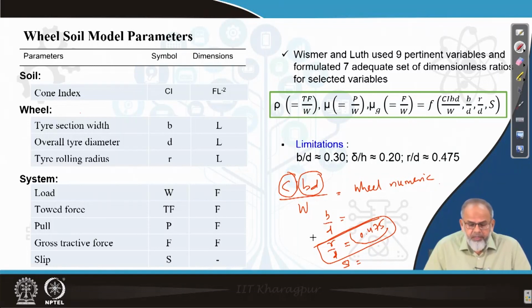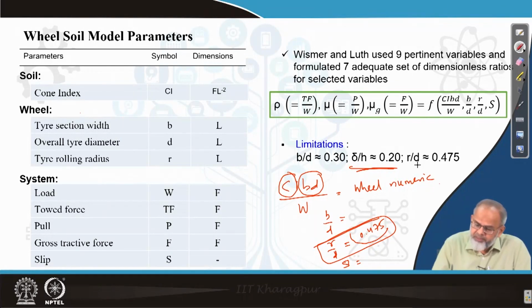So, Wismer and Luth, they have taken the B by D ratio as 0.3. For all combinations of tires they have tried in different soils, they have maintained that B by D ratio as 0.3. And for all agricultural tires, they have taken the del by H ratio, that means tire deflection to section height ratio, as 0.2.